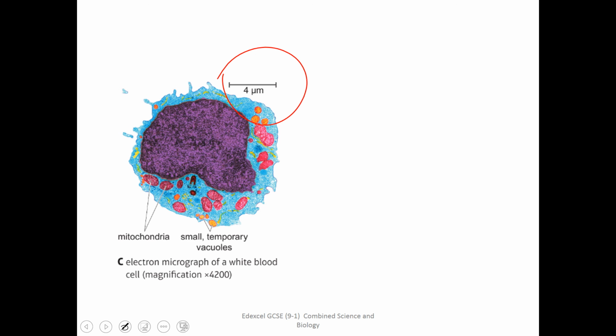What I would do, number 1, is take a ruler and measure from there to there, which I did earlier, and I know that the 4 micrometers equates to 170 millimeters. I would then measure the widest point of this cell from here to here. Again, I did this earlier. I know this is 430 millimeters in length.